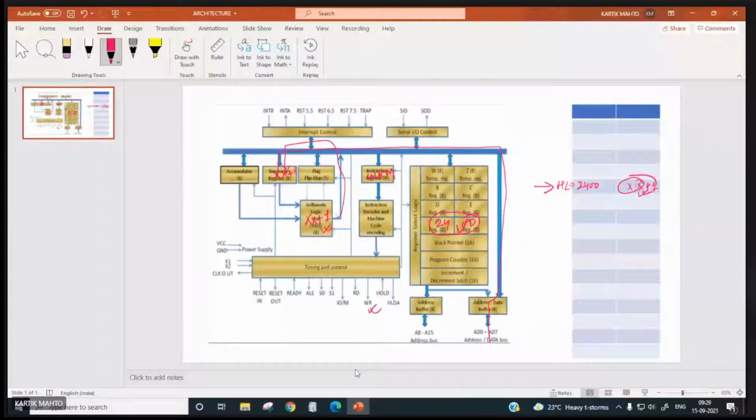It is a 1-byte instruction. It is an example of indirect addressing, because the data is pointed to by a register pair; the address of the data is in the register pair. It reads the memory and writes onto the memory, so both read and write operations are there.